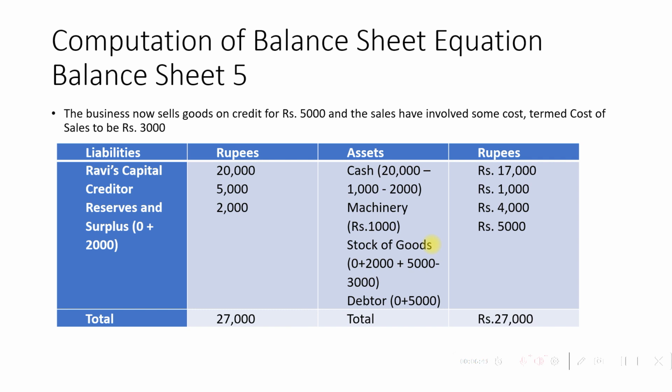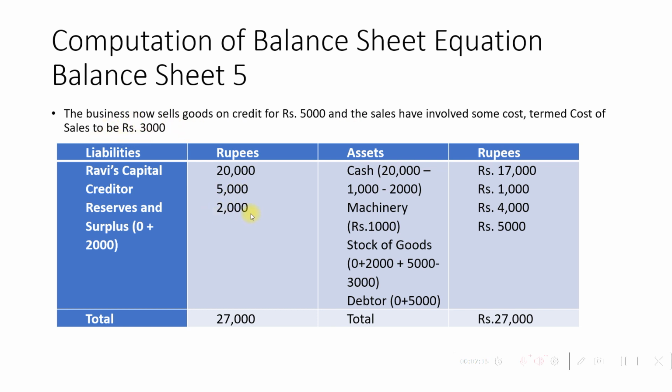The next transaction is the business sells goods on credit for rupees 5,000 and the sales have involved some cost, termed cost of sales, which is rupees 3,000. Here the business has sold goods on credit. We have to see how much profit the firm has gained, which we get by taking the difference of goods sold for 5,000 minus cost of sales, which is 3,000.